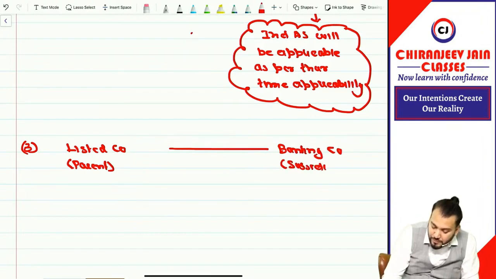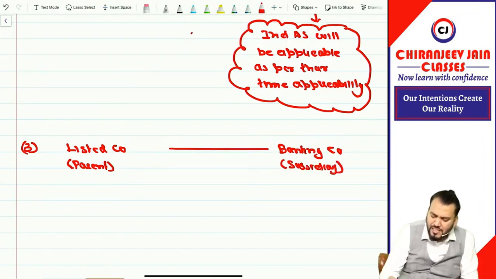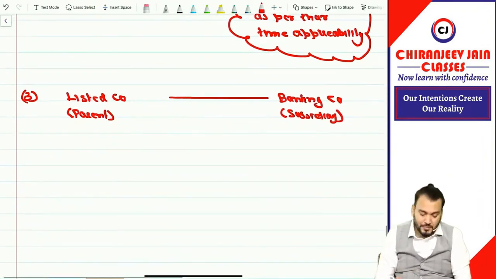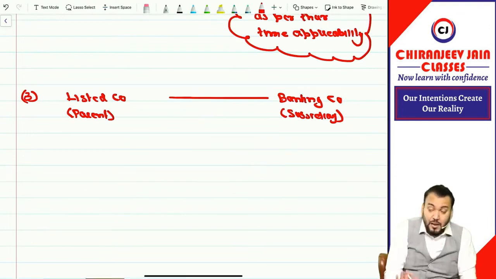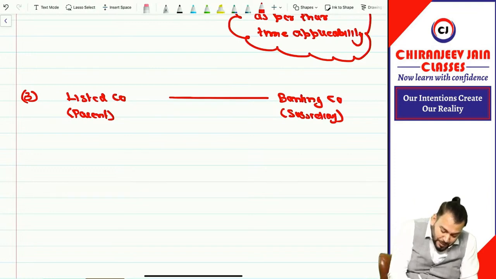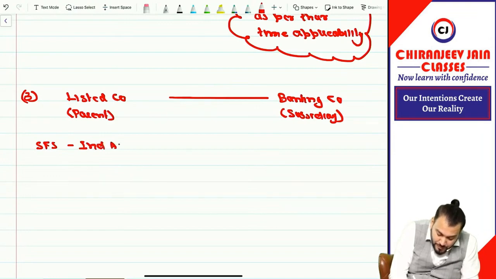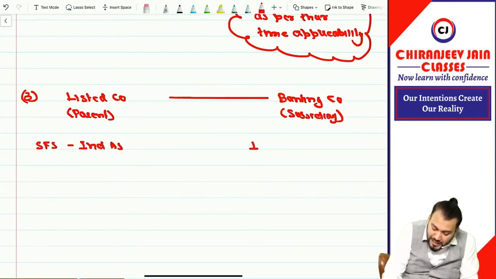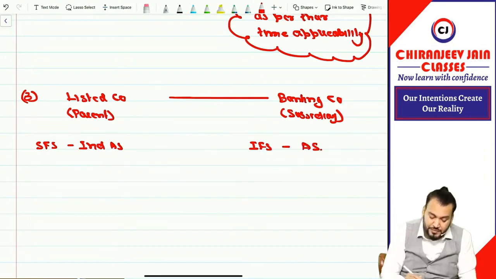Quite possible. Or you can say insurance company or whatever. Now, for the banking company right now Ind AS is not applicable. Means they are preparing their separate financial statement based on Ind AS, and they are preparing their individual financial statement based on AS.